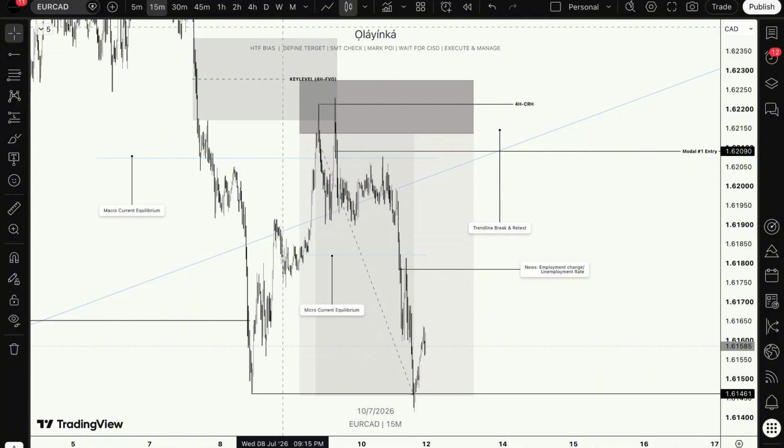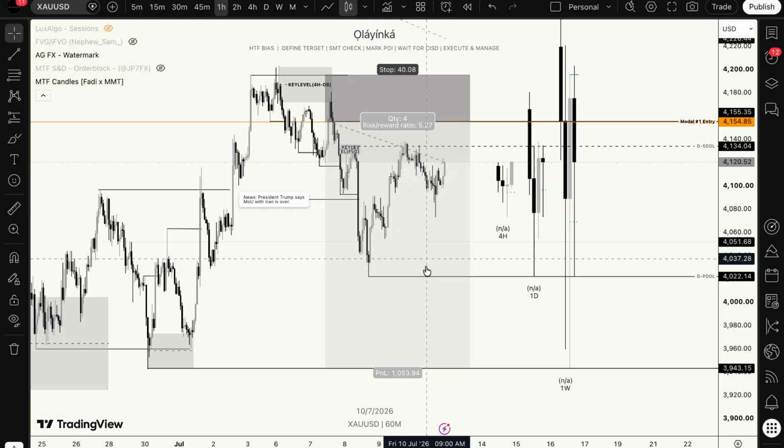I actually closed it on Friday because it didn't get to my TP, and based on my rules, I don't like taking trades over the weekend, unless maybe the TP is just close, or it depends on the bias where I'm trading, where my entry is from.